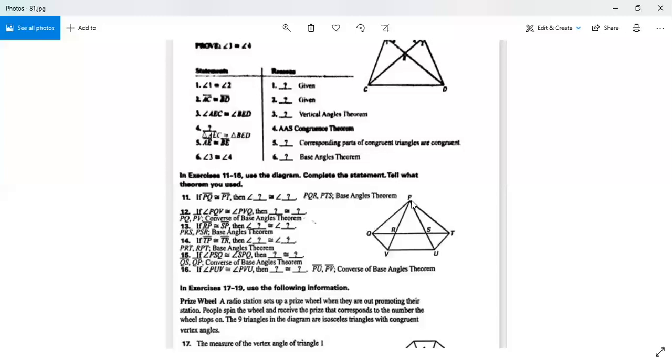Measure of angle Q equals measure of angle T. I can't say Q, Hana, because it's common between many angles. Measure of angle PQR, yes, it will be congruent with BTS. Thank you so much. BTS, exactly.